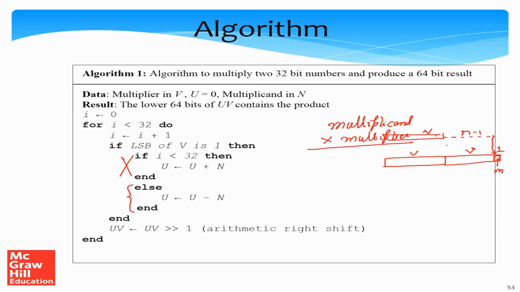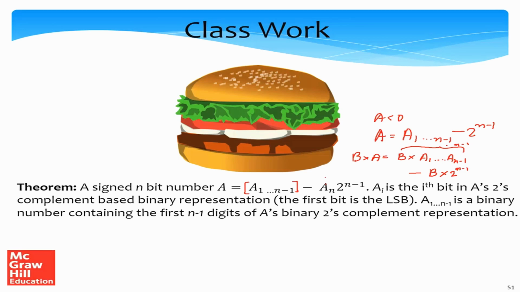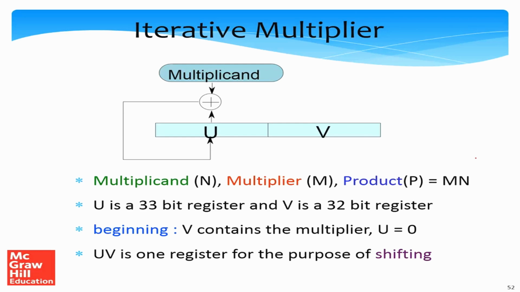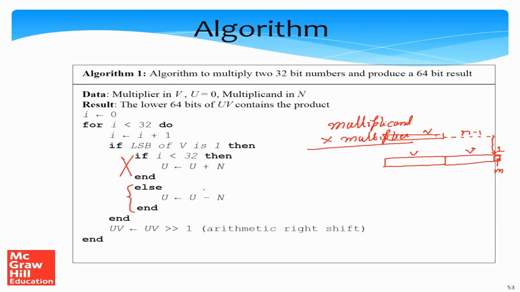And so in effect, I am left shifting the multiplicand by n minus 1 places, and I am subtracting it from the accumulated partial product, which is this value. So this justifies this step, that if the multiplier is negative, then in the last iteration, instead of adding the multiplicand to the partial product, which is essentially adding it to register U, I subtract.